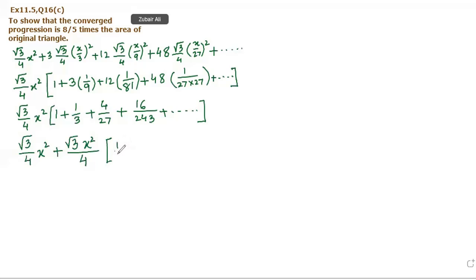So now this will be a GP because the ratio of all preceding to the following terms will be equal to 4 upon 9. So this ratio will remain same in all following to the preceding value.